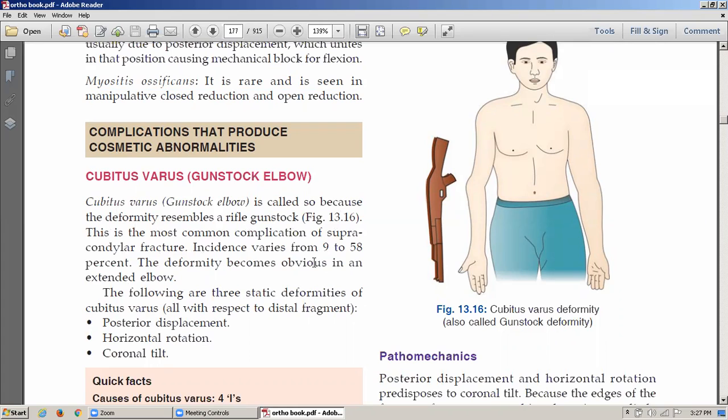The incidence varies from 9 to 58%. The deformity becomes obvious in an extended elbow, and the following are the three static deformities of cubitus varus, all with respect to the distal fragment: posterior displacement, horizontal rotation, and coronal tilt.